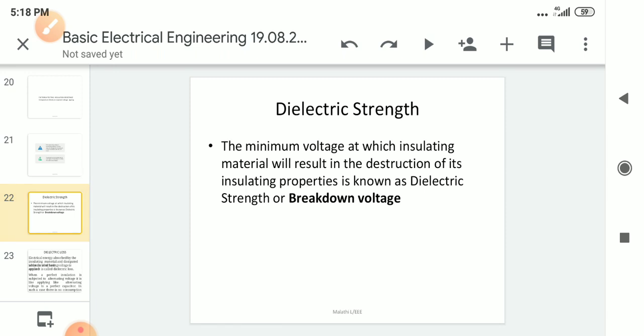Dielectric strength or breakdown voltage. The minimum voltage at which the insulating material breaks down, resulting in the destruction of its insulating property, is known as dielectric strength or breakdown voltage. It is expressed in kilovolts per centimeter.